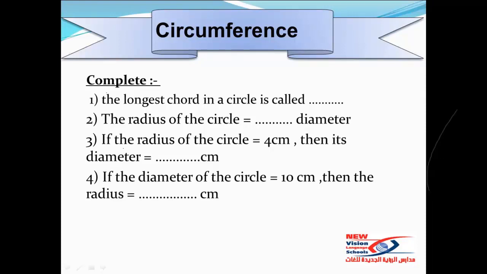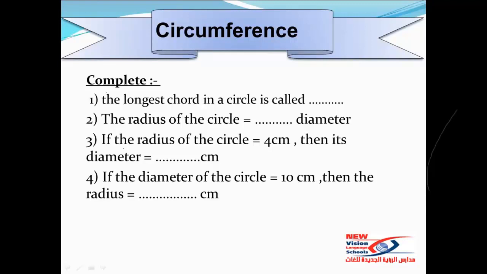And it is a line segment connecting between the center and any point on the circle. Okay? Thank you. Can anyone tell me, do you remember the rule for the circumference of a circle? We have two rules: if he gives you the diameter and if he gives you the radius.